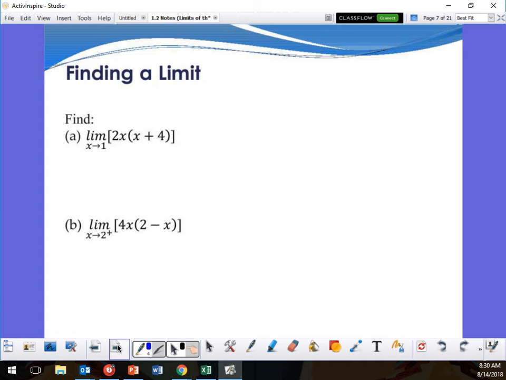All right, how about this one right here? Finding a limit as x approaches 1. On your notes you guys are doing these, right?